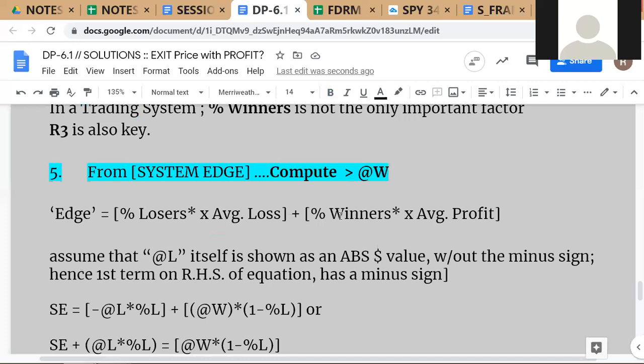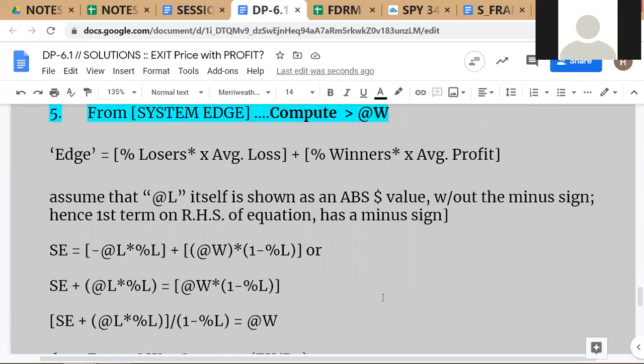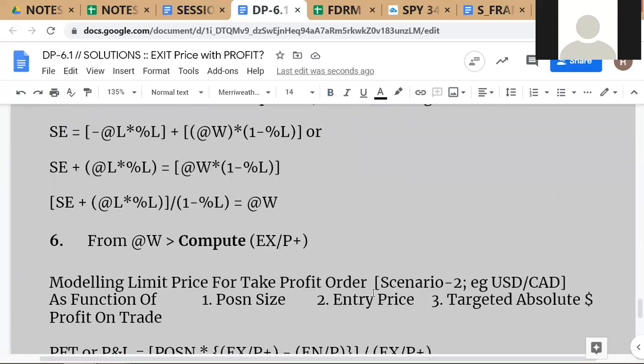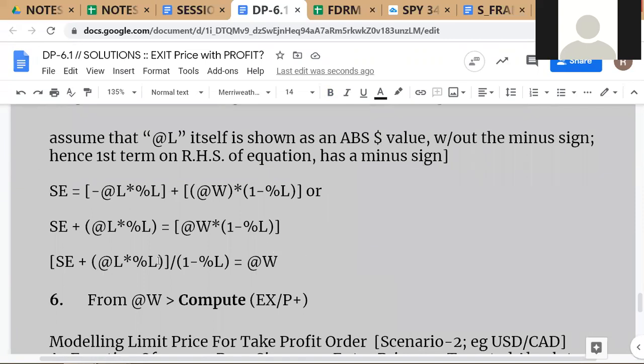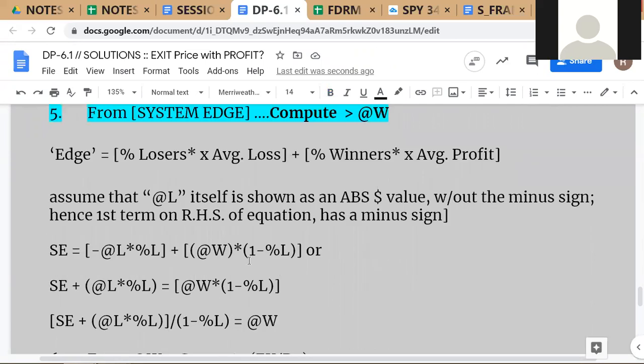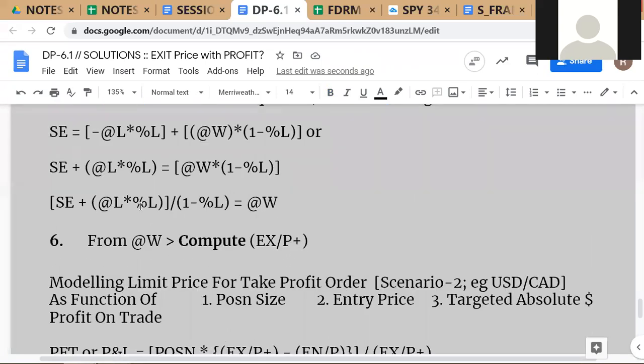From here, this is just a little bit of algebraic manipulation. I think we went through this also, right? Yeah, I think I showed you this. That this part also we did. So we have system edge, and average win is this, the final solution.